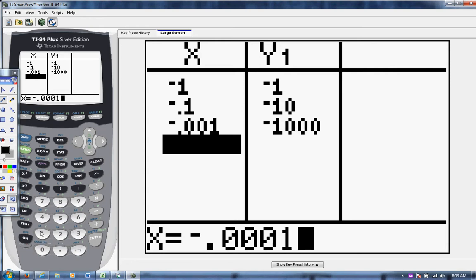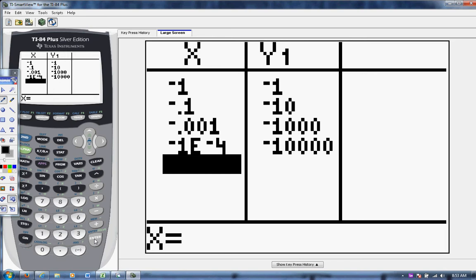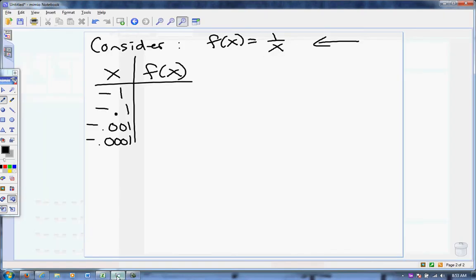See what function value we get now. Negative 10,000. Okay? So we went negative 1, negative 10, negative 1,000, negative 10,000.